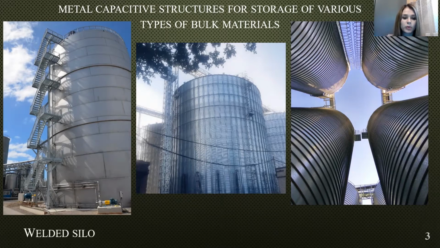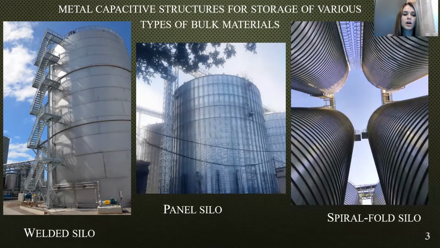Depending on the type of wall, there are the following types of metal silos: welded silo, panel silo, spiral fold silo.